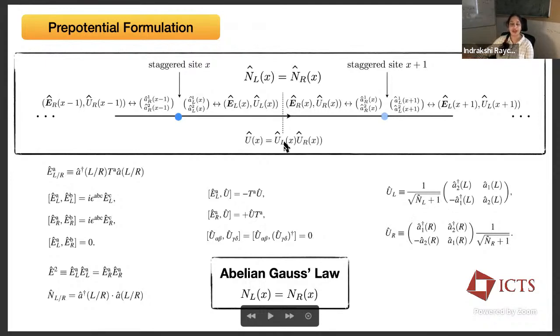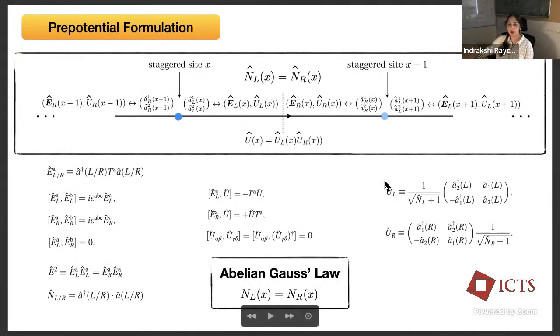And the surprising fact is that this link operator actually breaks into two parts, one left part, one right part. The left part is constructed only out of left oscillators, and the right part is constructed only out of right oscillators. So earlier variables, what was non-local connecting these two links, now break into two local parts that are associated with both ends of the link.